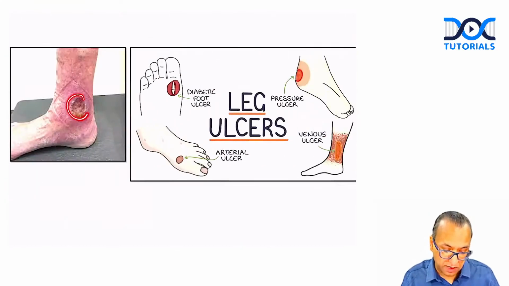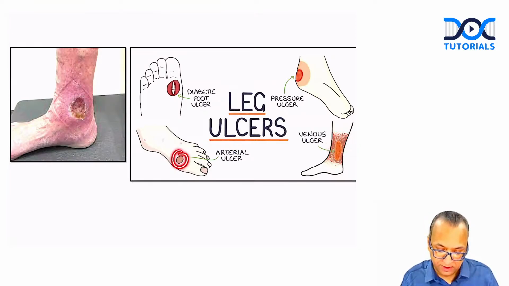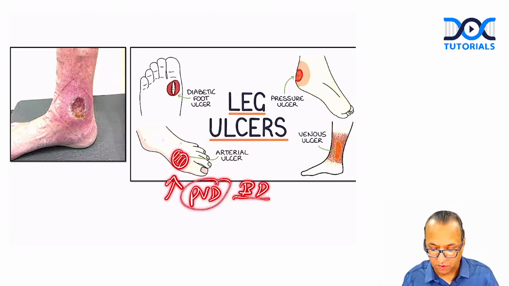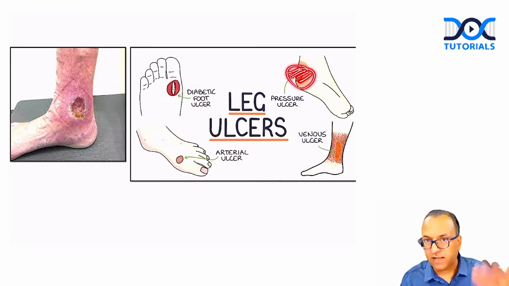So the ulcer which you get here is a venous ulcer. Location of venous ulcer is mostly here. If it is an arterial ulcer like Buerger disease or peripheral vascular disease, Buerger disease or thromboangiitis obliterans, arterial ulcers, diabetic ulcers, neuropathic sole, pressure sores if the patient is lying supine for a long time.